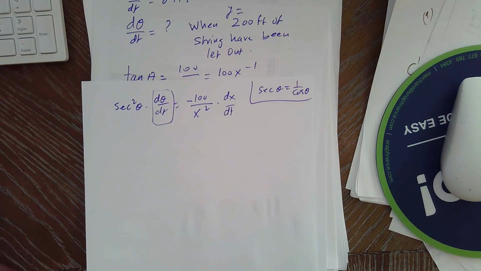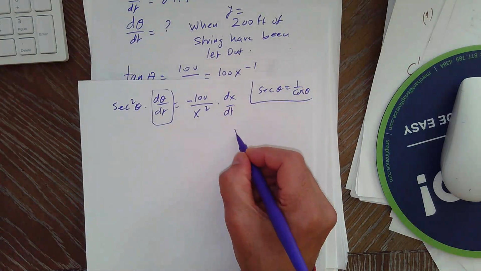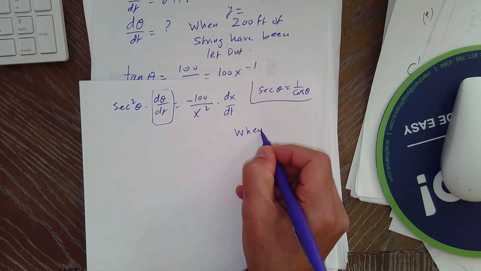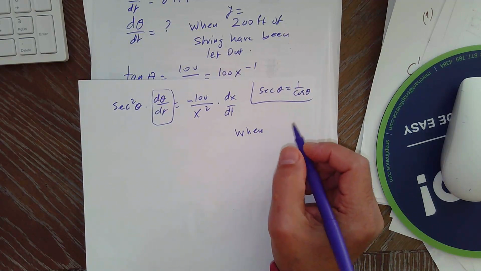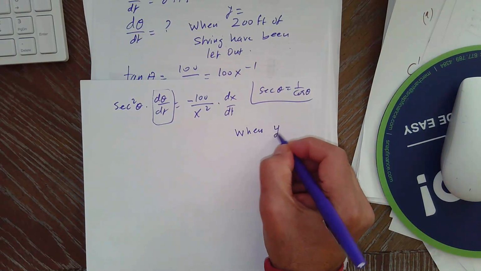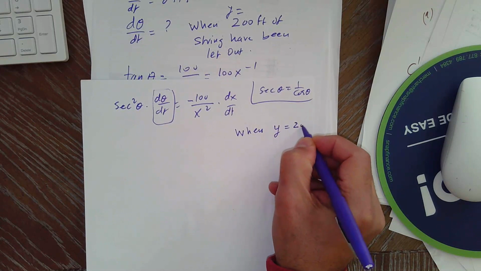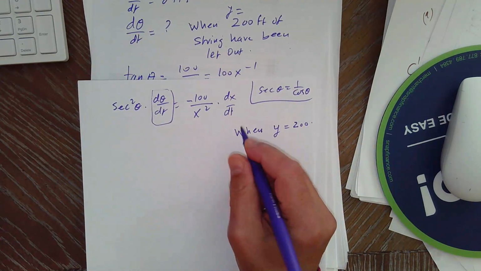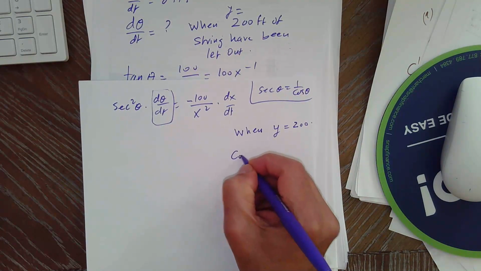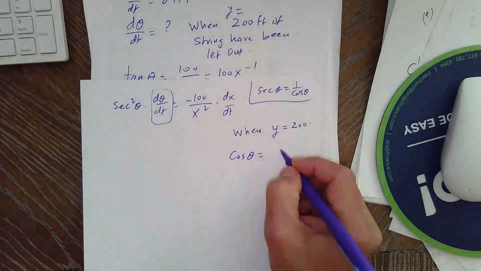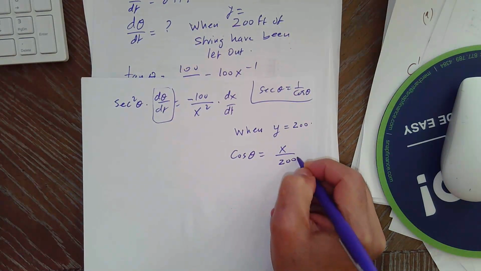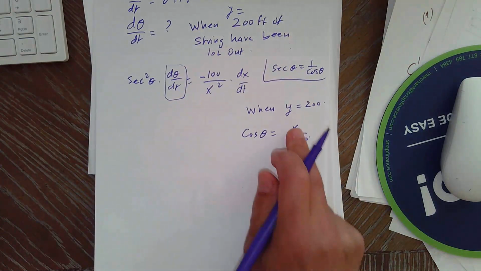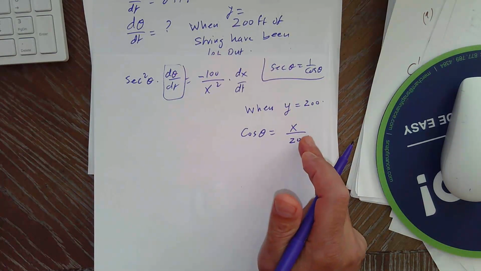So when y is 200, cosine theta is adjacent over 200. So actually we don't even need x, look what we can do.